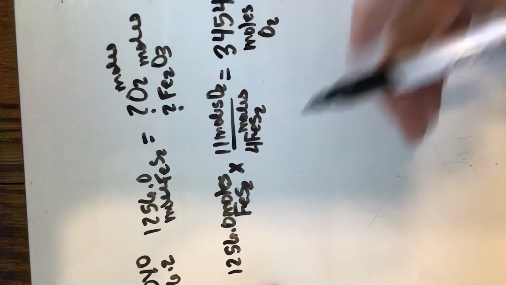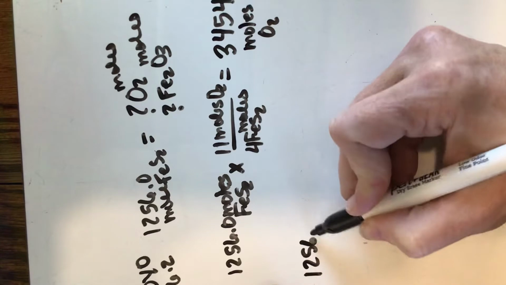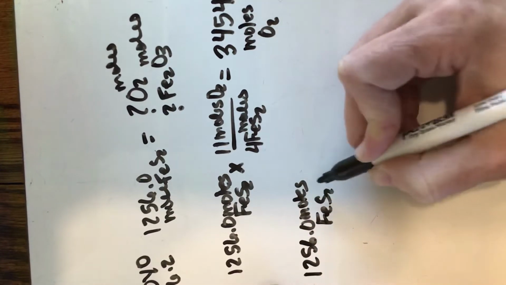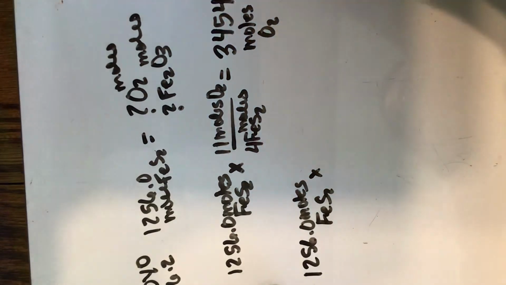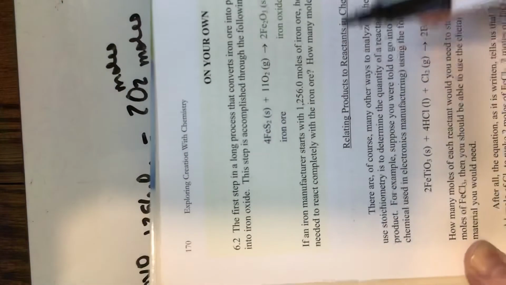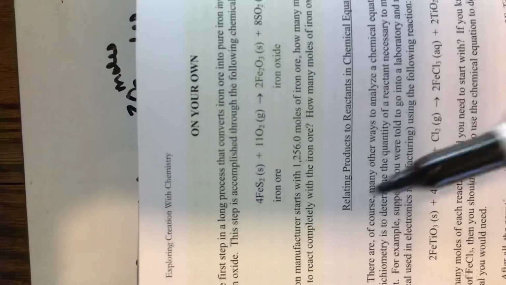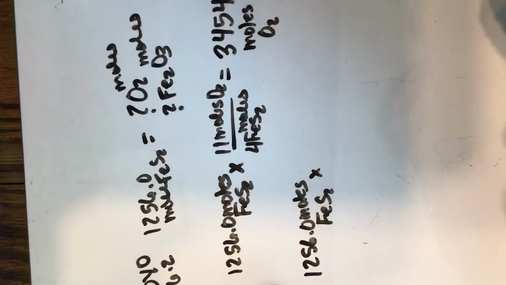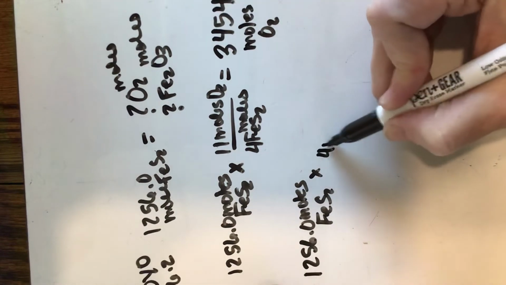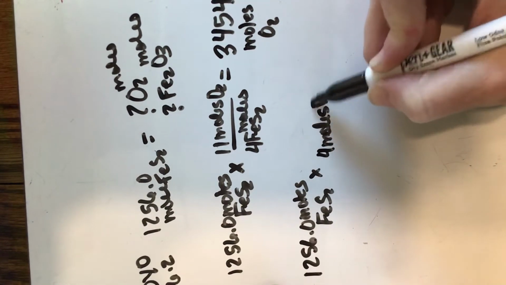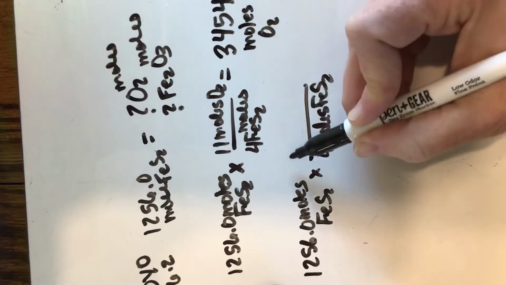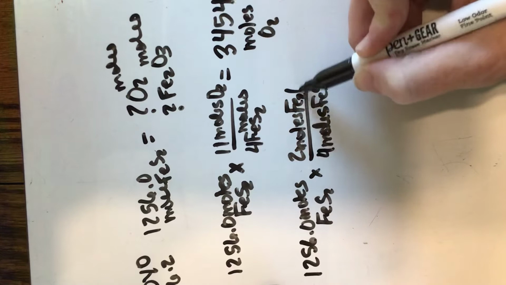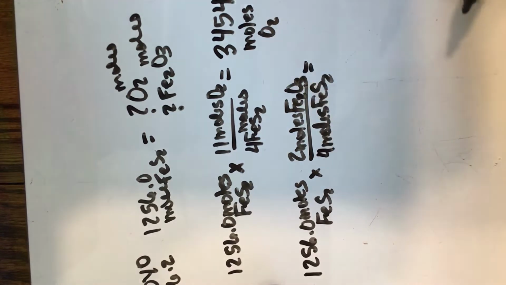All right, so now we want to find the other one. We start with what we know again, and we are going to multiply it by a different ratio this time, because the way these two compare is 4 of our iron ore for every 2 of that. So we're still going to have 4 moles of FeS2 on bottom, but only 2 moles of the Fe2O3 are made with that.